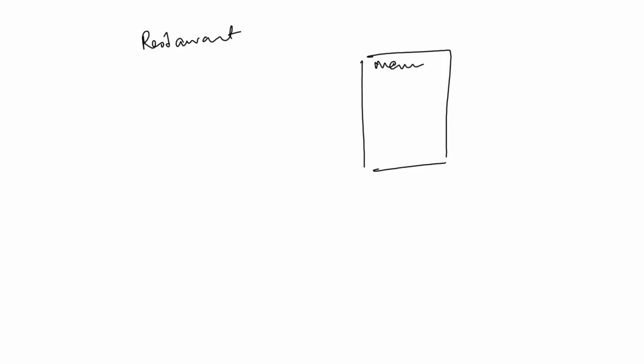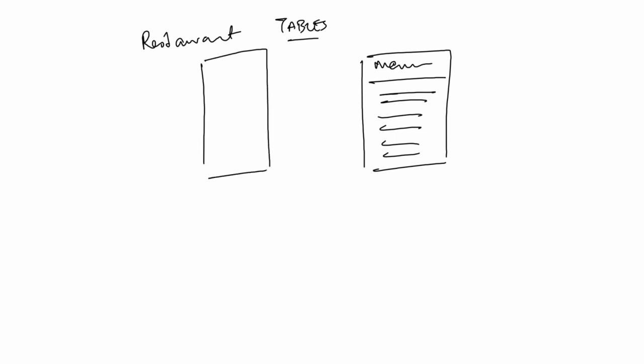Coming back to the restaurant. So you have your menu, and this is tables now. You have your different menus. You have your order line, and that belongs to the order.